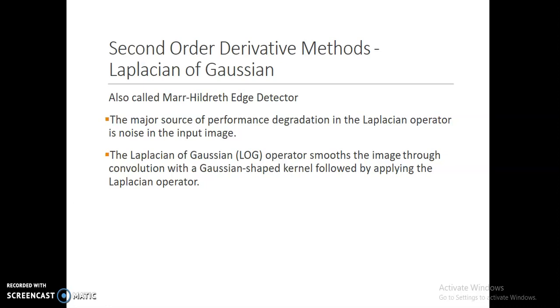The major source of performance degradation in the Laplacian operator is the presence of noise in the input image. So to remove this, we use a Gaussian shaped kernel for smoothing, and we apply the Laplacian operator on that smoothened image.